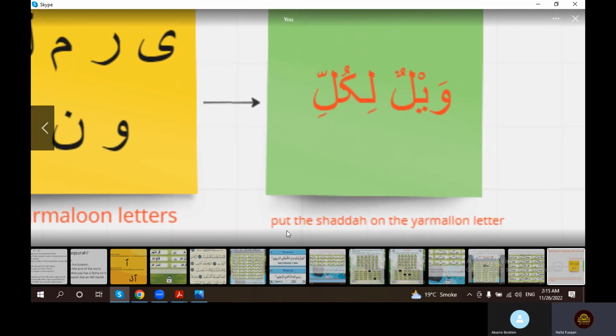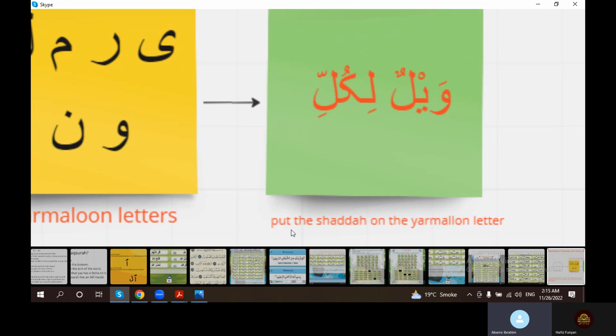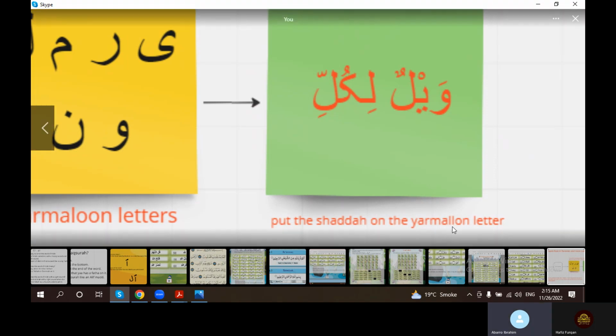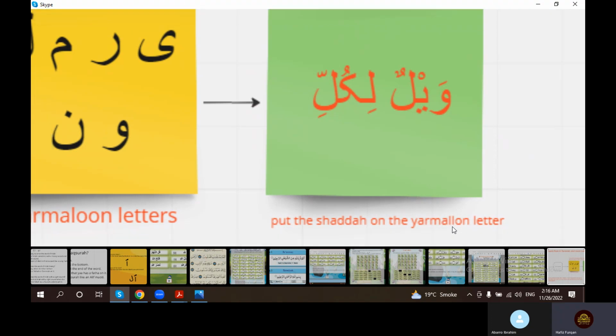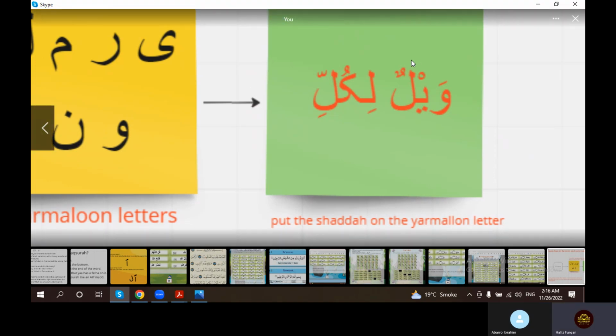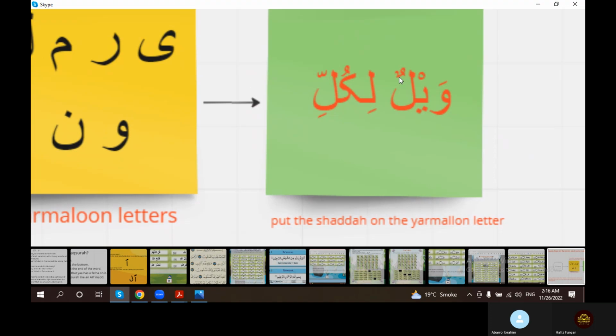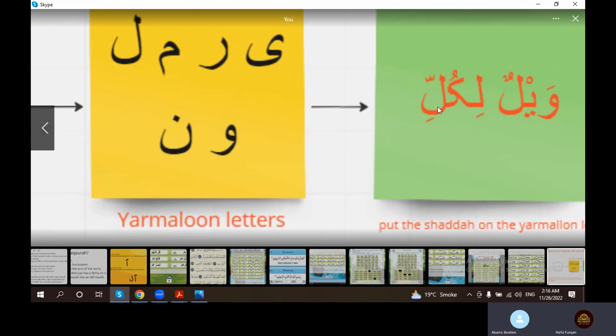Put the shadda on the Yarmaloon letter. Look at this. It's dammatain here. That is the first thing I told you.